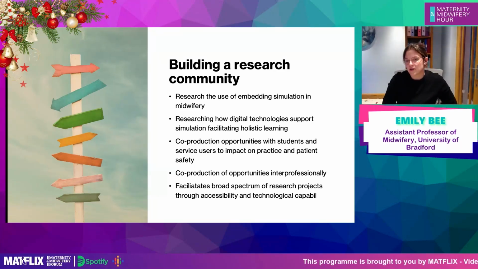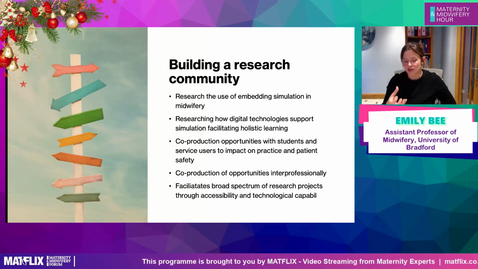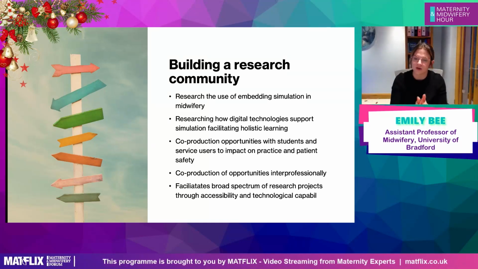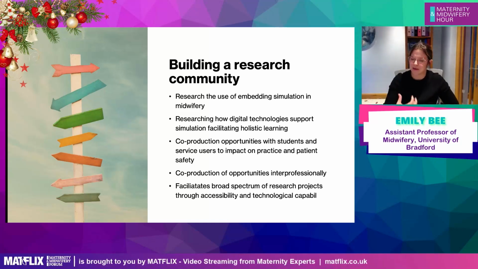We're very interested in making sure what we design, as I say, is meaningful. So we're looking at co-creation with students, with service users, and practice partners, of course, to make the simulation as real as possible, and to think about the impact on practice, patient safety, and interprofessional opportunities.